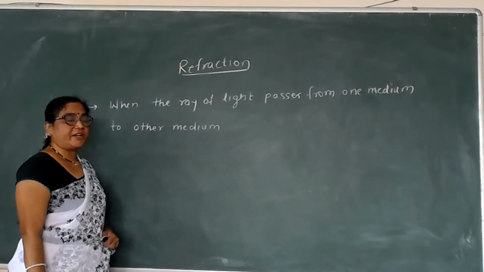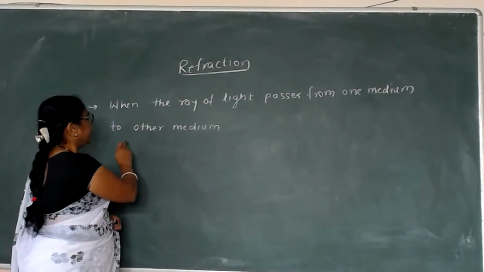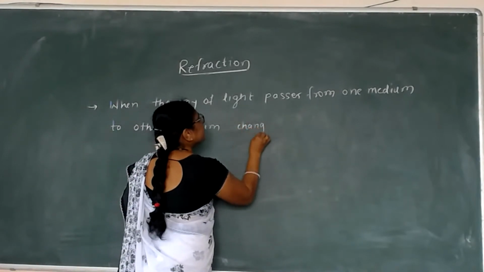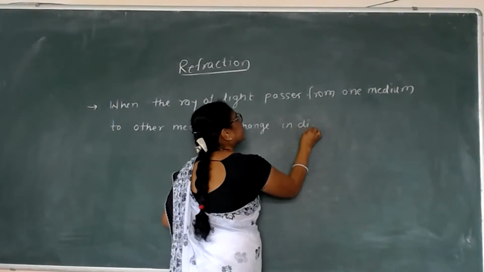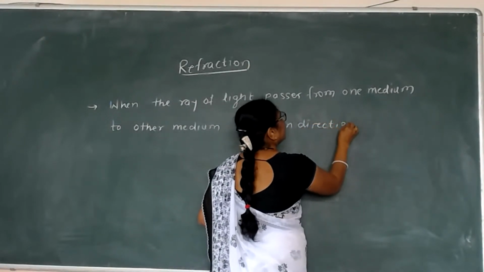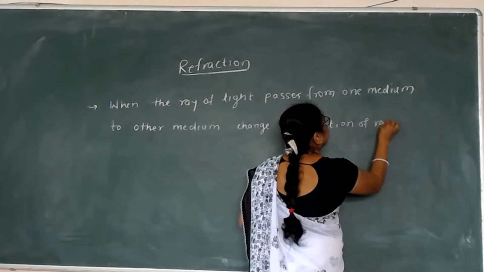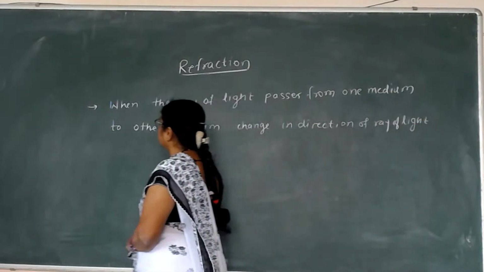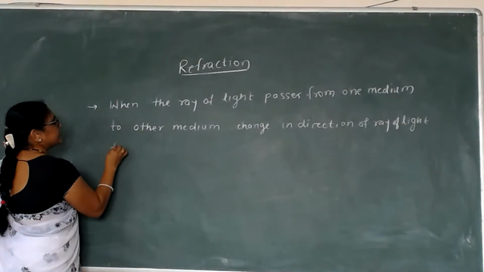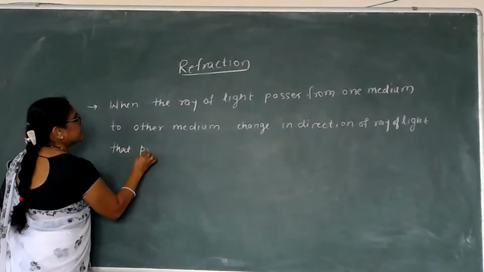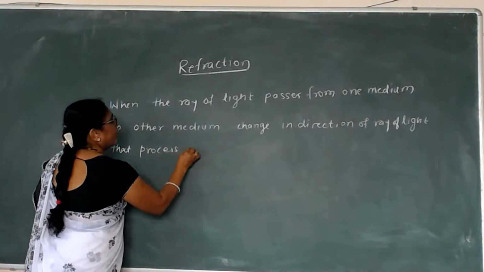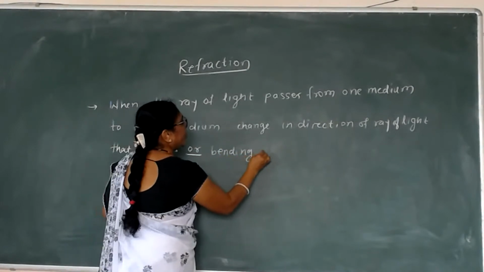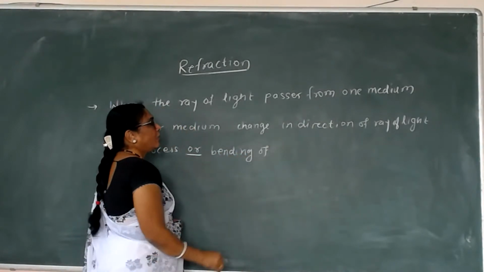And that change in direction of the ray of light is known as bending of light.